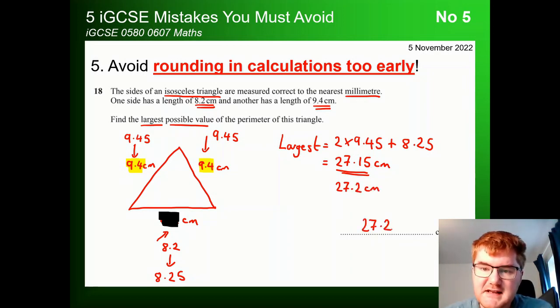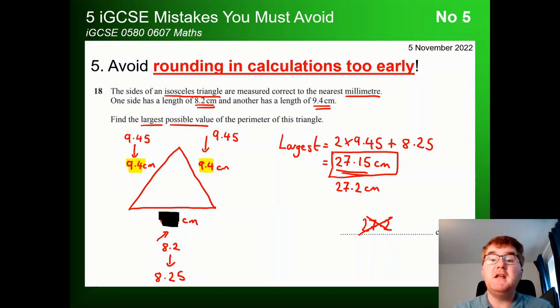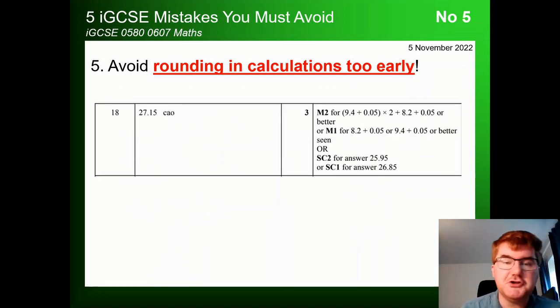However, this is wrong. They want the precise largest possible value. So in this very individual case with bound questions, you need to put exactly that number down as your final answer. That's really, really important. So if you look at the mark scheme for this question, it's really worth looking at this. You'll see they use this phrase CAO. Now this means correct answer only.